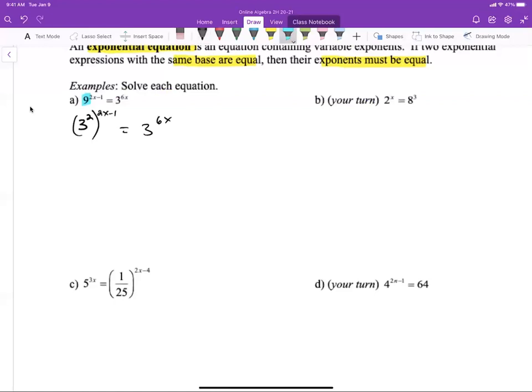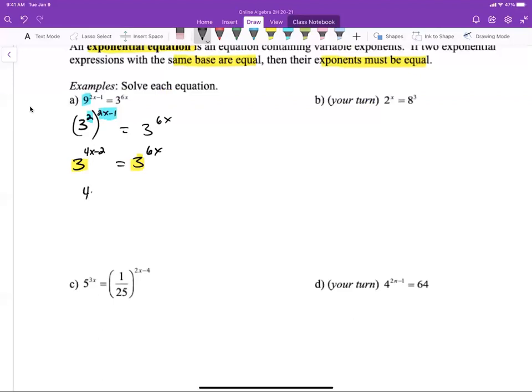Now, the rule is that if I take an exponent to a power, I am going to multiply. So let's simplify that by multiplying the 2 by 2x minus 1. So I have 3 to the 4x minus 2 is equal to 3 to the 6x. I now have it in a form where my bases are the same, so my exponents must equal one another.